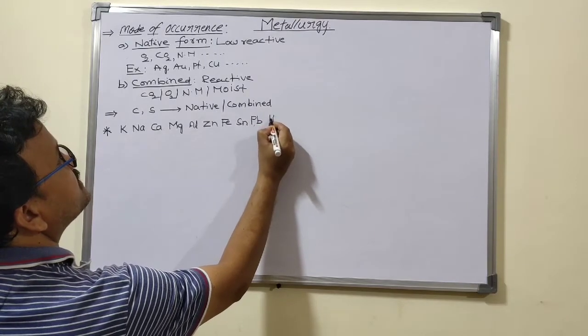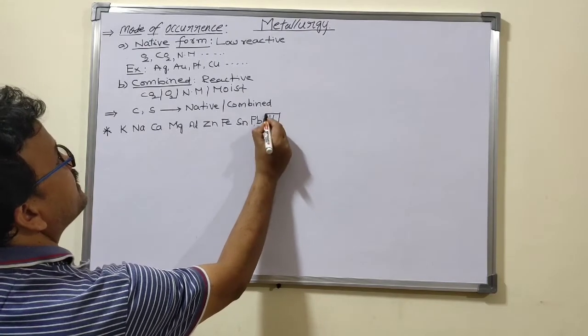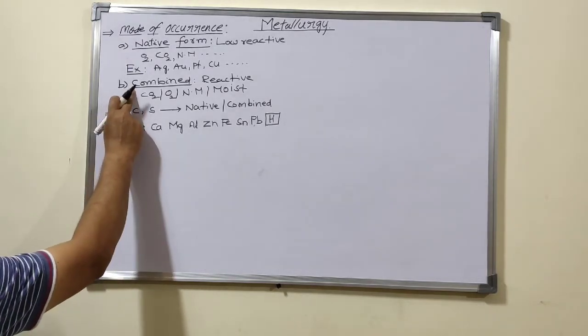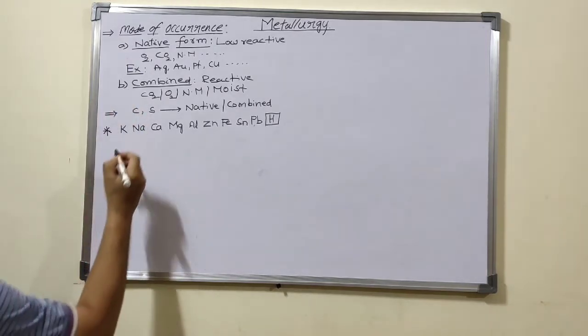The metals present above hydrogen in the reactivity series are more reactive. More reactive means they exist in the combined state.